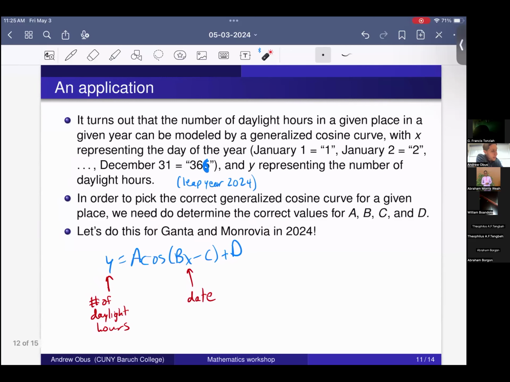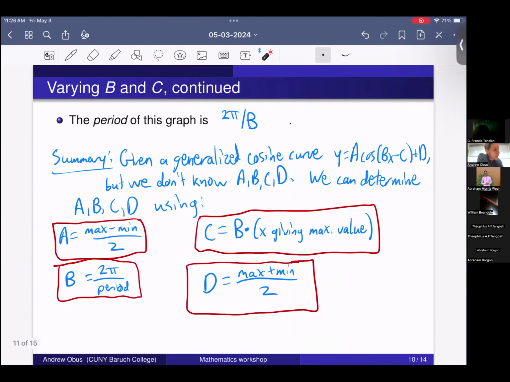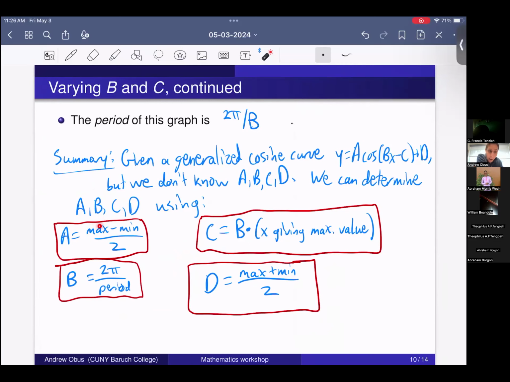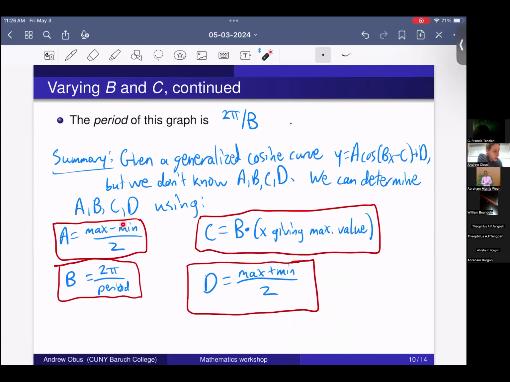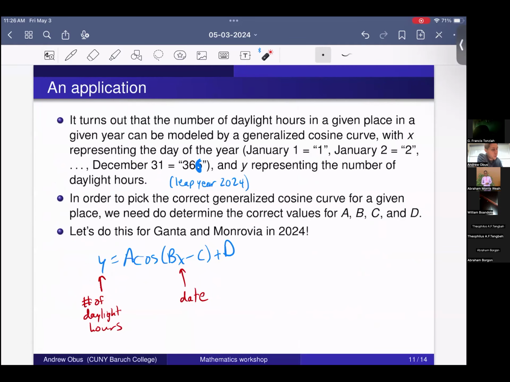If we want to pick the correct generalized cosine curve that gives us the right equation, then we need to determine A, B, C, and D. We can do that because we can see the quantities we need: the maximum daylight hours, which we can look up, the minimum daylight hours, which we can look up, and the period, which is just 1 year, since the daylight hours repeat over the course of the year. So let's do this for Ganta and Monrovia in 2024.